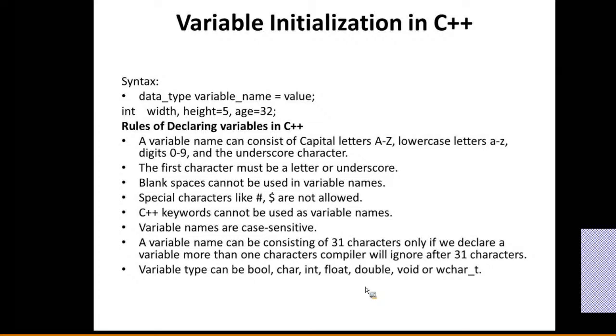Since you haven't put a comma between these two, it gives you an error. Instead, you have to use average underscore height. Special characters like hash symbol and dollar symbol are not allowed while naming variables.